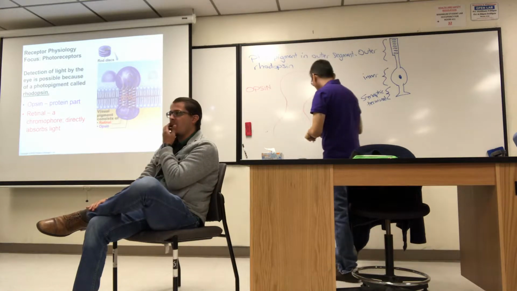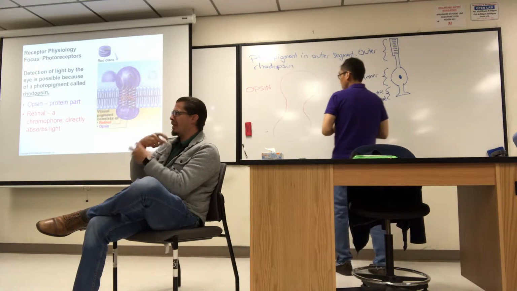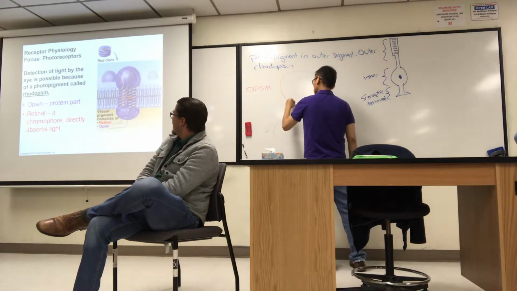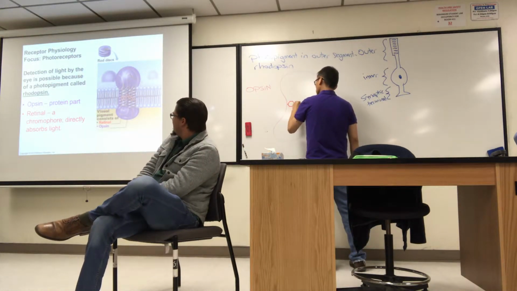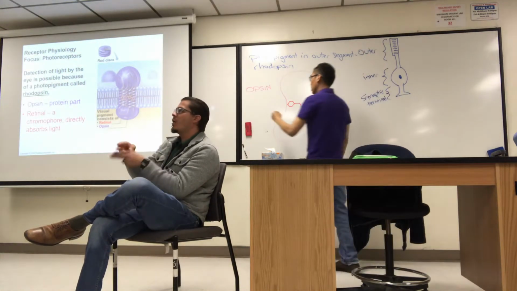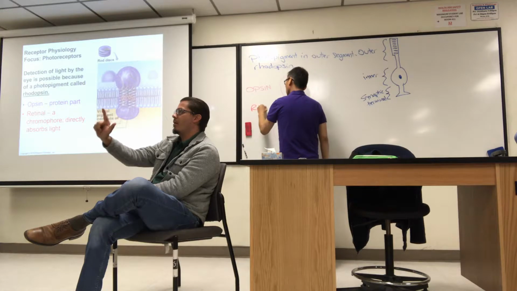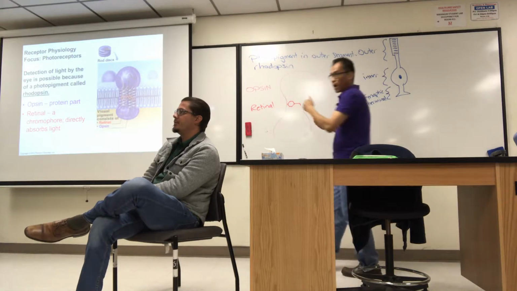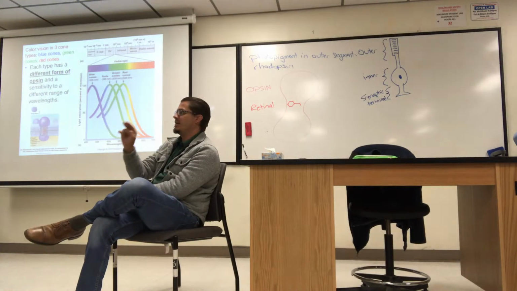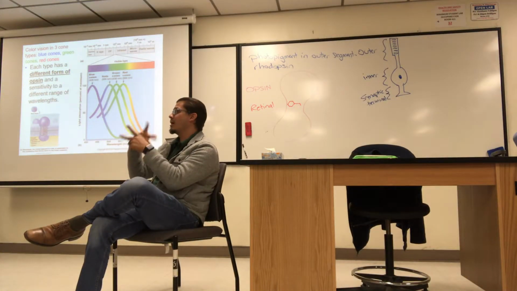That skeleton key-looking thing on the inside is called retinal. That's rhodopsin. Okay?